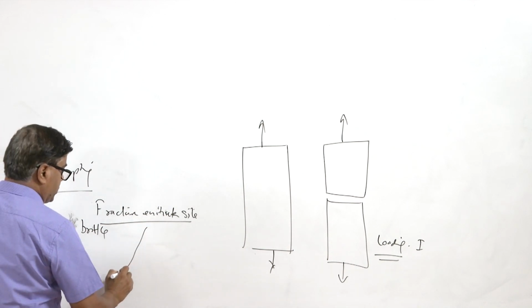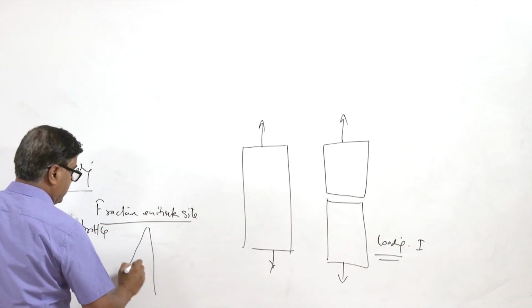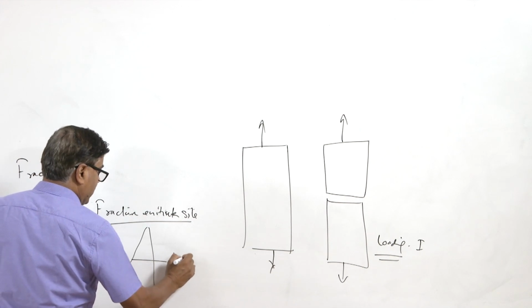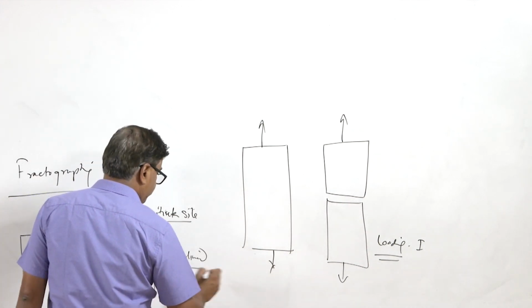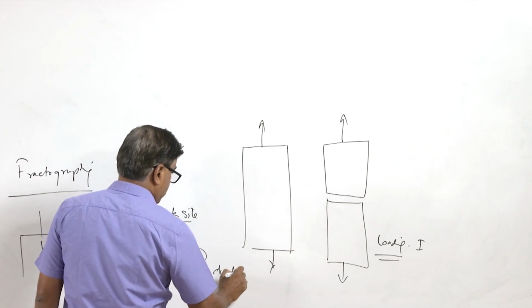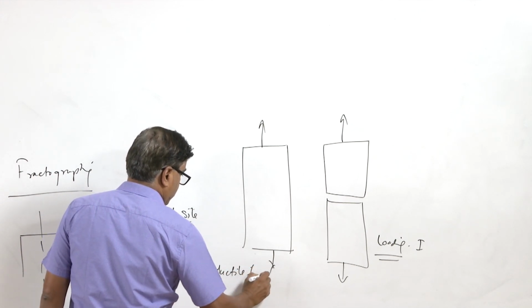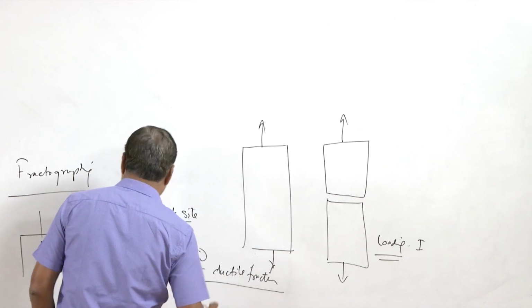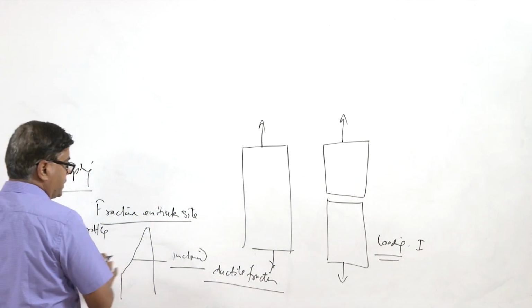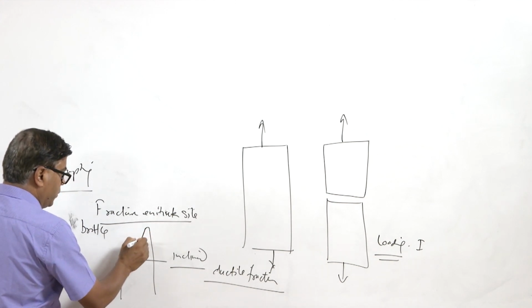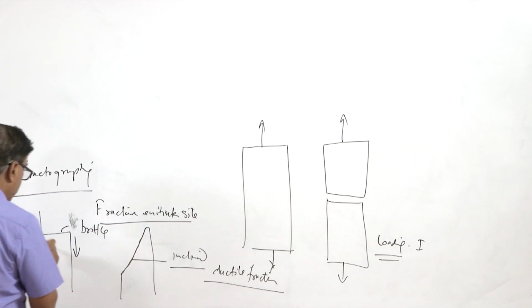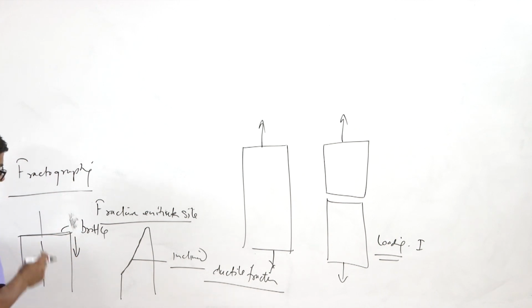In the case of shear or slant fracture, the surface is inclined, indicating ductile fracture. So, whether it is a brittle or a ductile fracture can also be identified through the orientation of the fracture surface with respect to the loading axis or the geometry of the component.